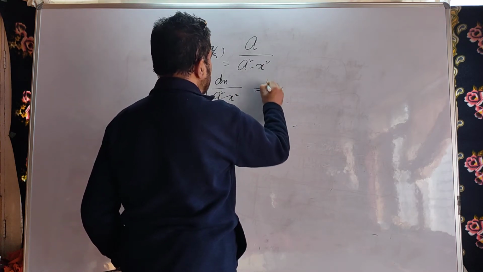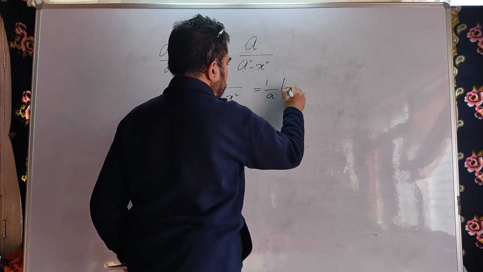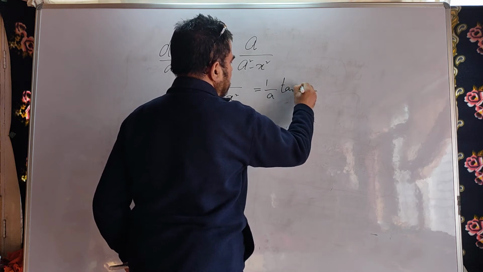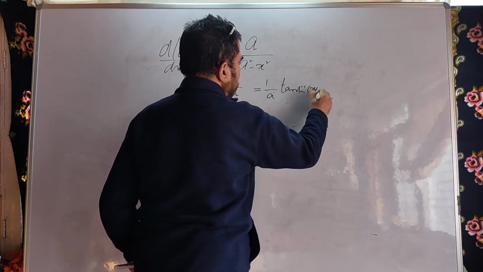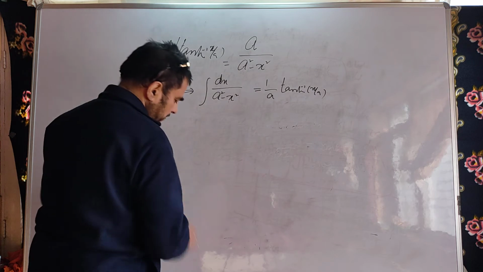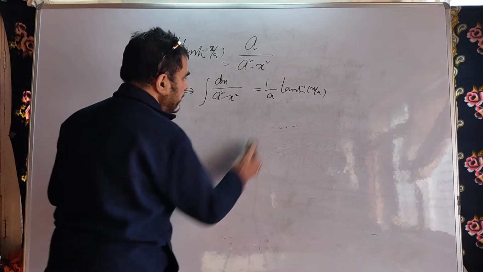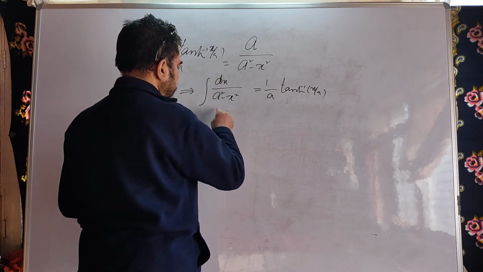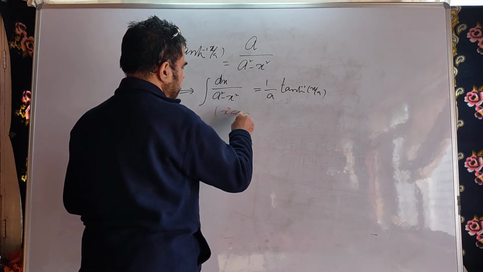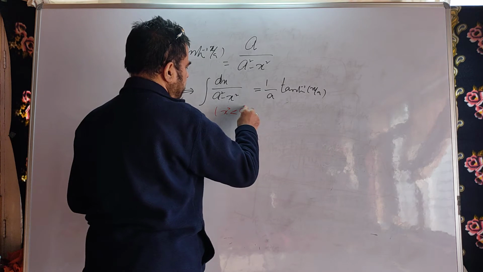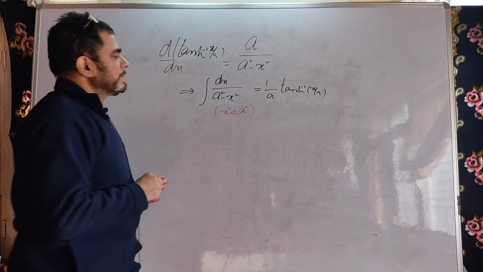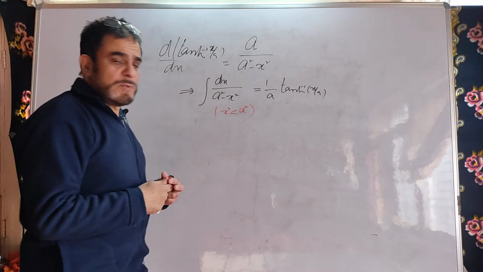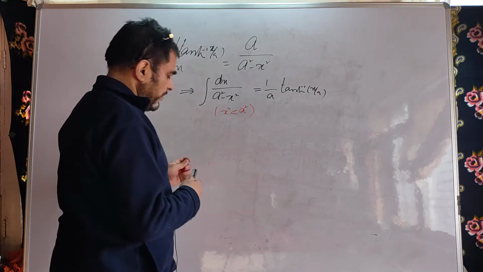This is equal to 1 by a tan hyperbolic inverse x by a. Here the condition is x square is less than a square, but more frequently we use this formula here.